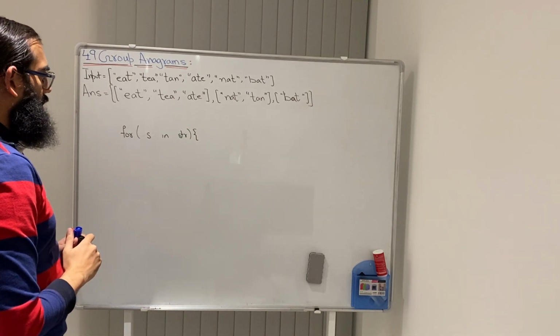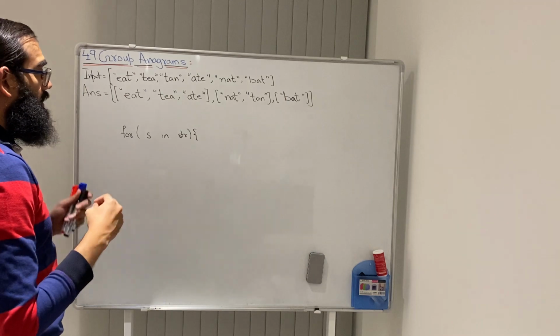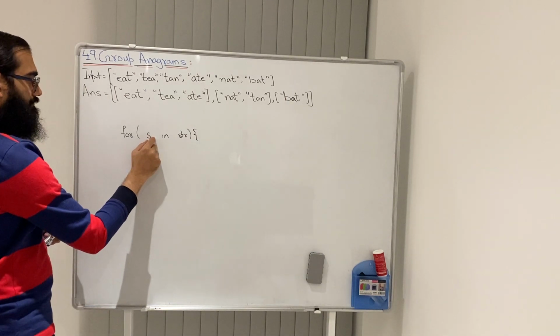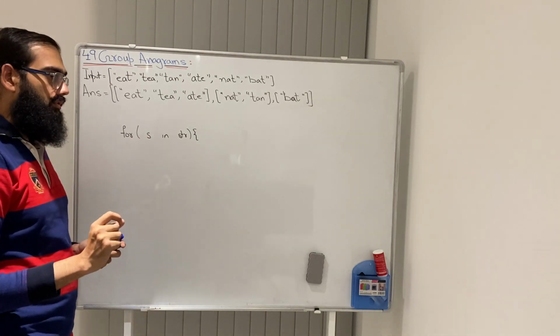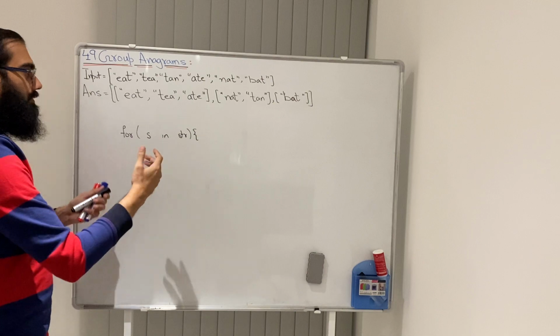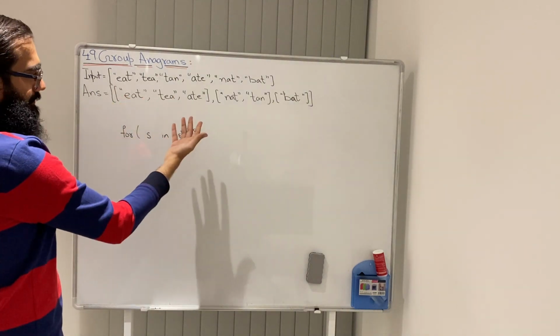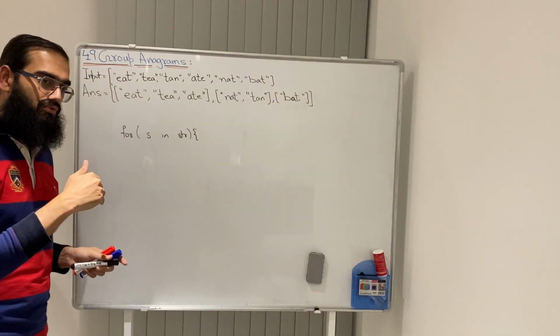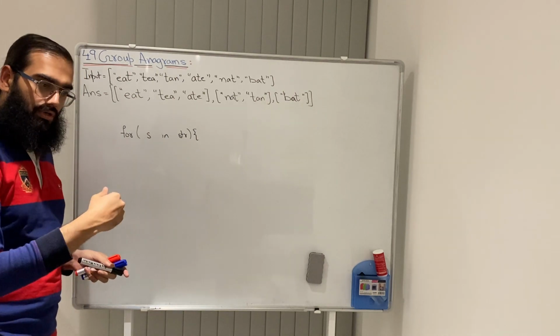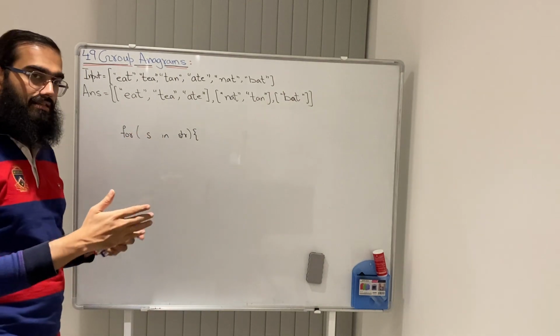Now what's next? The condition. I need to figure out whether this s is an anagram of something or not. From the human perspective it's pretty simple, but the machine needs to remember whether I calculated something like this before, and then save that against the same thing.